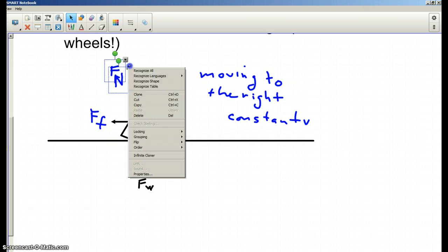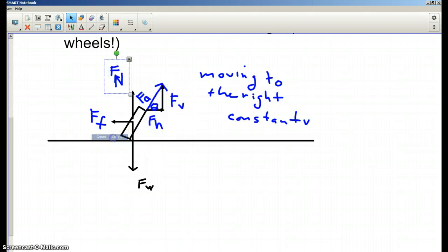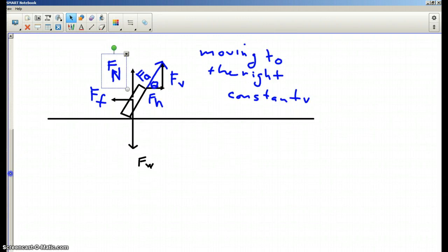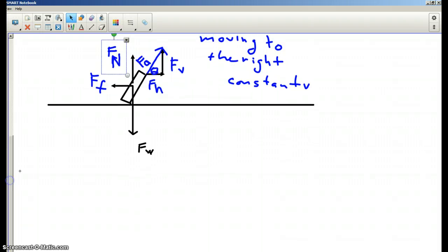You might be wondering, how could we calculate what the normal force is in a situation like this? Well, the vertical vector and the normal force and weight are all acting in the same plane. They're acting in the vertical direction. Vectors acting in opposite directions combine by subtraction.